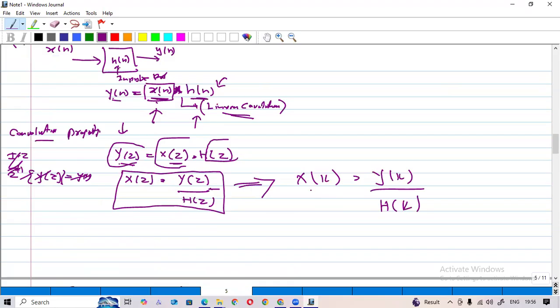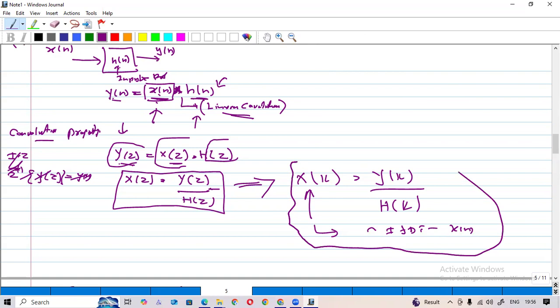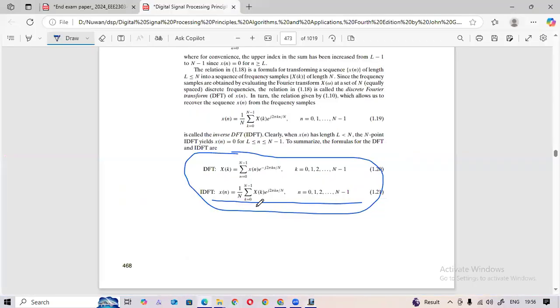In this way you can calculate the X[k] value. Once X[k] is calculated, by applying IDFT again you can calculate x[n]. So you also need to see this inverse Fourier transform, because it is somewhat easy. Rather than using Z transform and FT, if you use the inverse DFT, it will be easy.